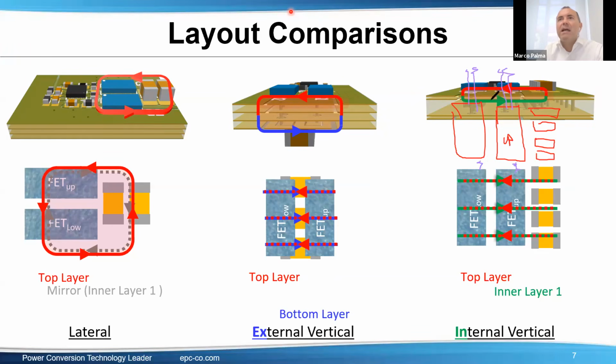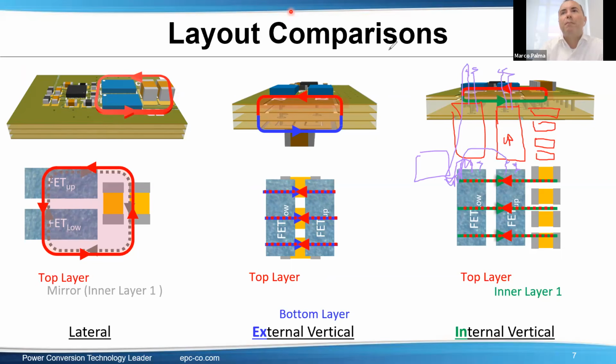And it's really important to equalize the path from the gate driver to each device. Imagine the gate driver is here. If this path is longer, then this one should become a little bit artificially longer so that they switch on at the same time.